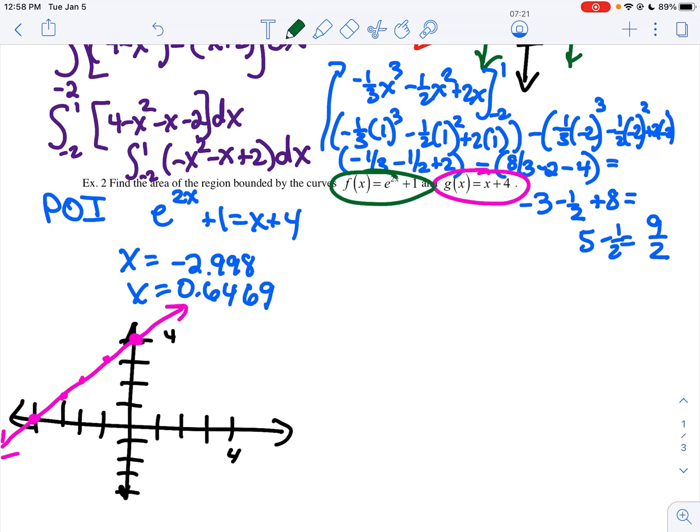If I plug in 0, e to the 0 is 1, so it's here. And then they're intersecting at 0.64 and almost negative 3. And that's an e to the x, it's exponential. So then I'm looking for this shaded region here.